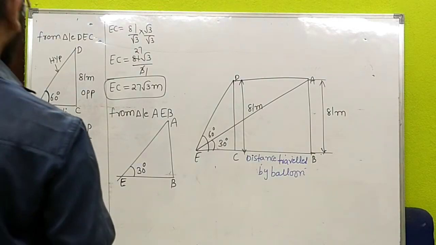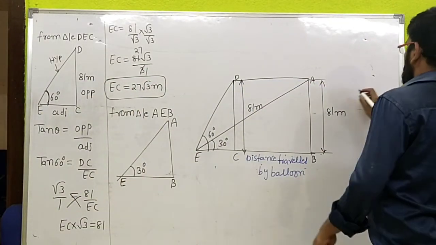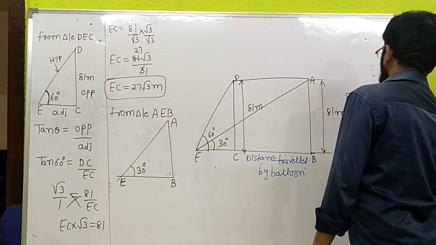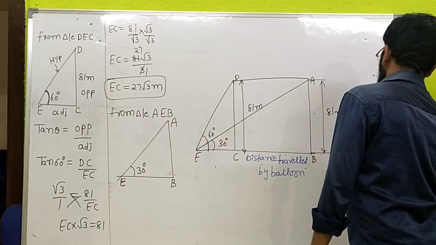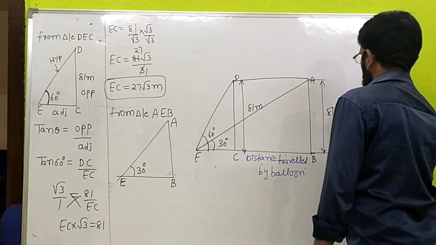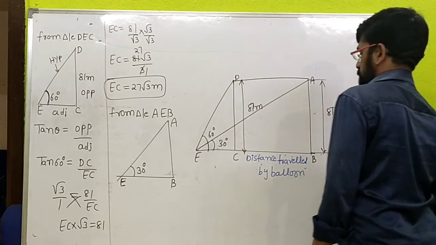So it will be 88.2 minus 1.2. Sorry, it is 87 here, extremely sorry.